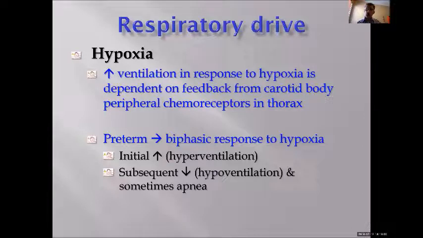When you have hypoxia in a premature baby, you have a biphasic response. First, the response to decreased oxygen sensed by peripheral receptors is increased ventilation, hyperventilation. Subsequently, the ventilation drops, and then they have apnea. So with CO2, there should be hyperventilation, but the premature baby's response is apnea. With decreased oxygenation, the response is hyperventilation and then apnea.